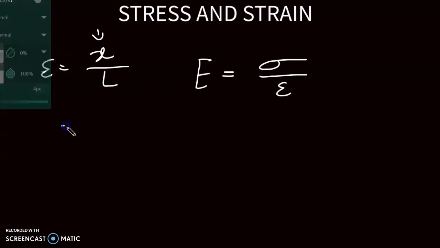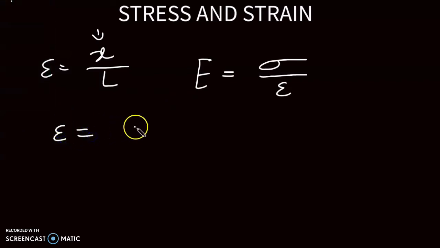Strain, we make it the subject of the formula, will be stress divided by the Young's modulus. For strain number 1, we are going to use stress number 1, which is the maximum stress.